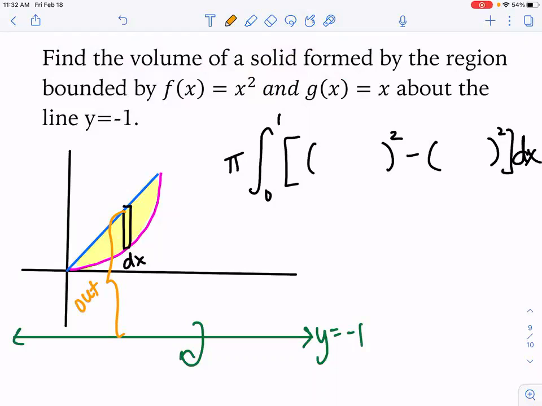And if I want this distance right here, top minus bottom, x minus -1. The bottom of our rectangle is the closest to our axis of rotation. So this is our inner radius, top minus bottom. We have x squared minus -1.